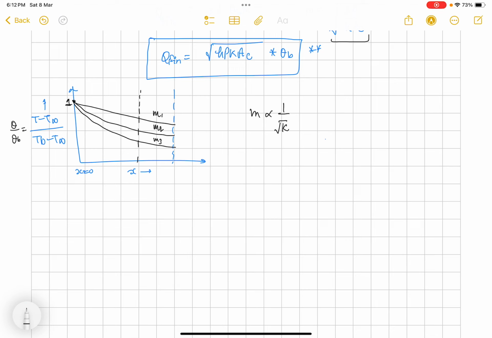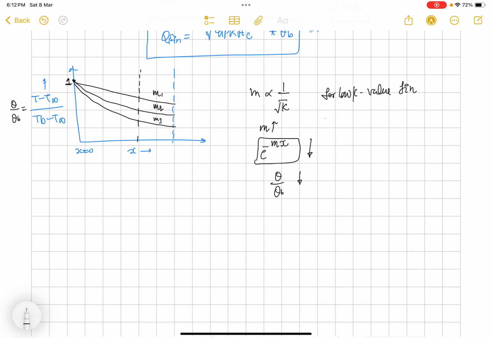If m is higher, it will make this term low, which means the theta by theta_b term will be low for a low thermal conductivity fin.